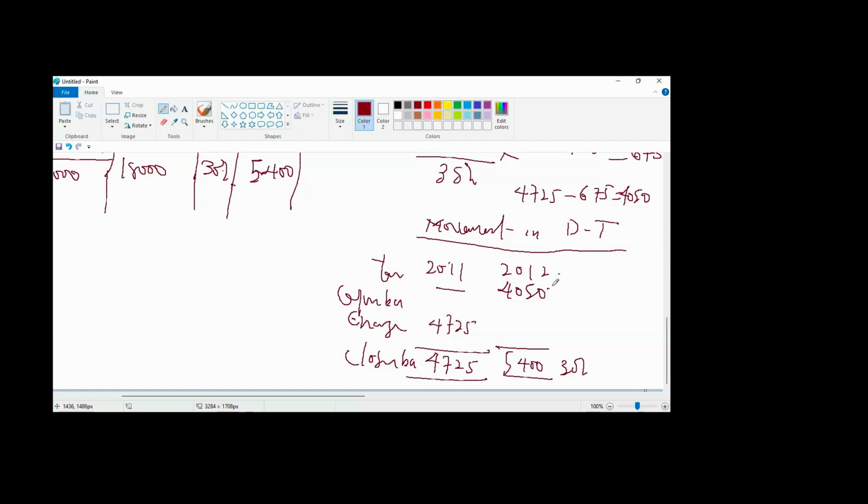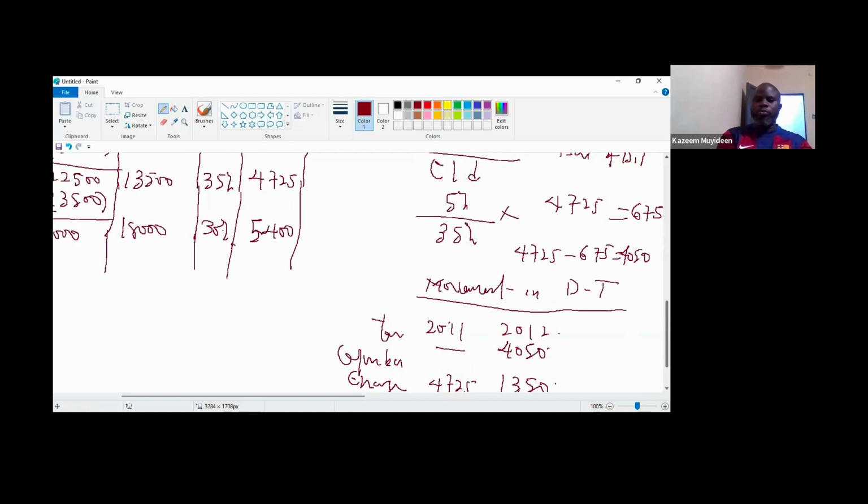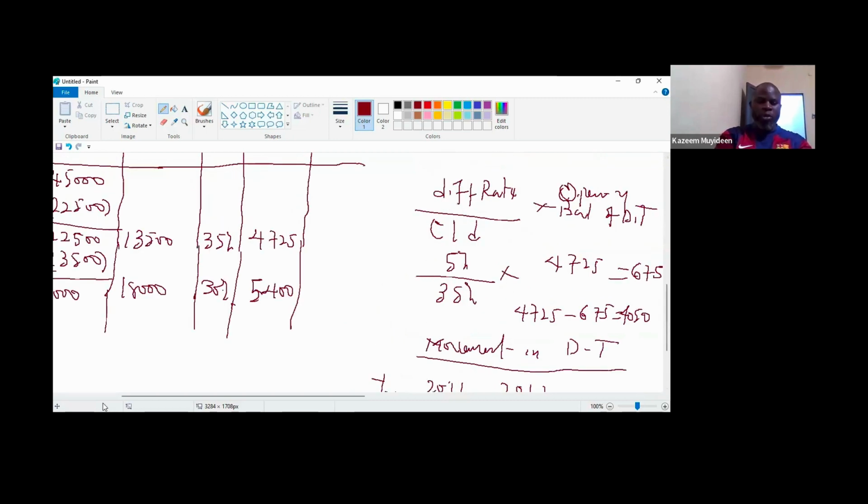Hmm? 1,350. 1,350. That is it. In case the rate has to change, you will just apply the formula: different rate over old rate times opening balance of the deferred tax. Now let's go back to what we are doing. Sorry for digressing.